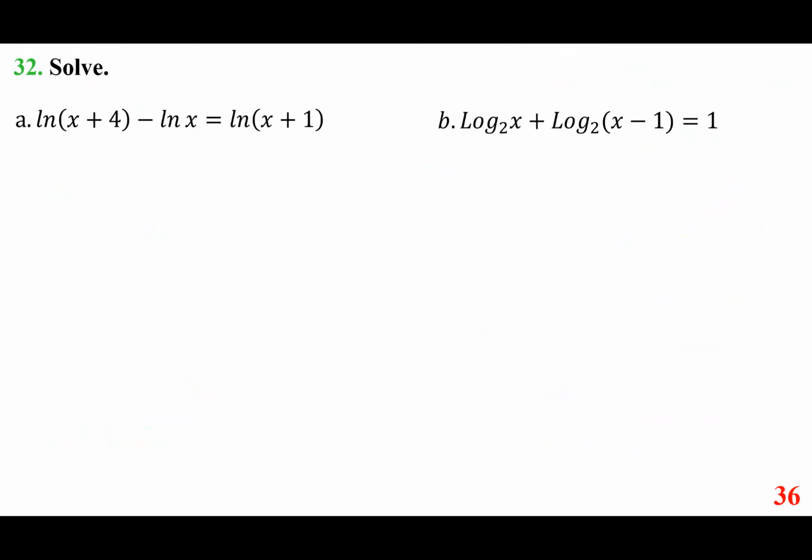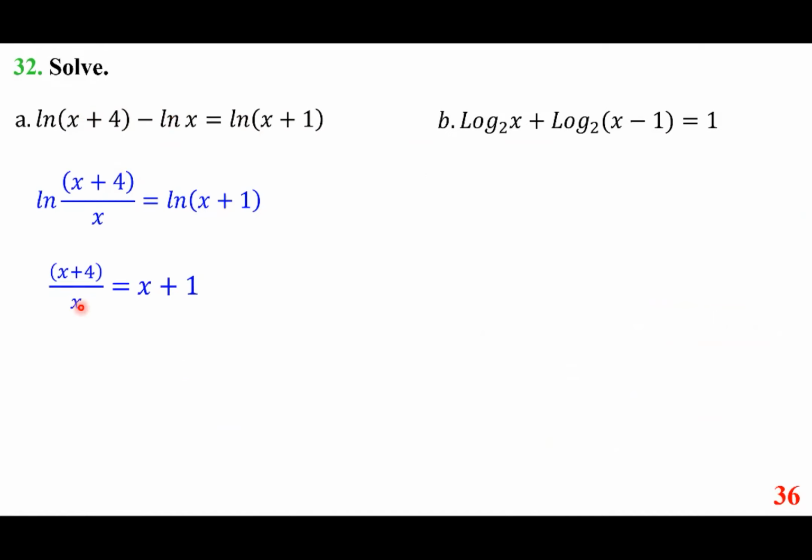Same thing here. We have all logs. So put them into a single log. This is fine. This one, change it to ln of x plus 4 over x. So the left side, we can combine it. They both have the same base, namely e. Therefore, they must have the same argument, namely x plus 4 over x is x plus 1.